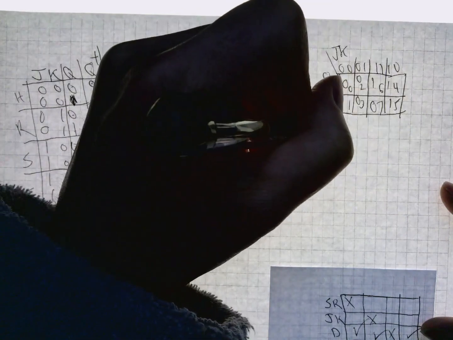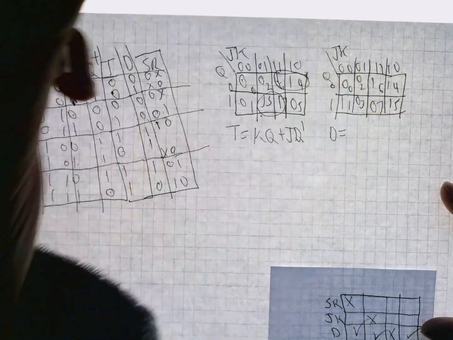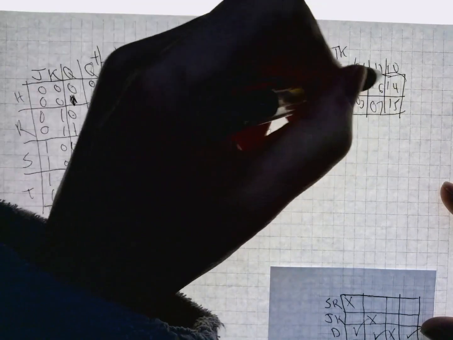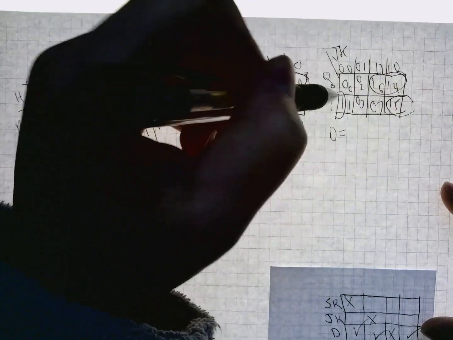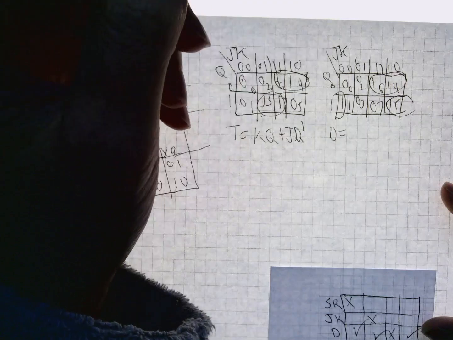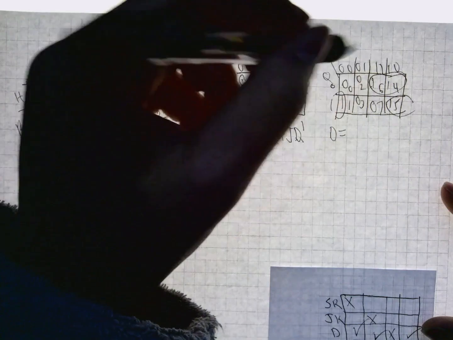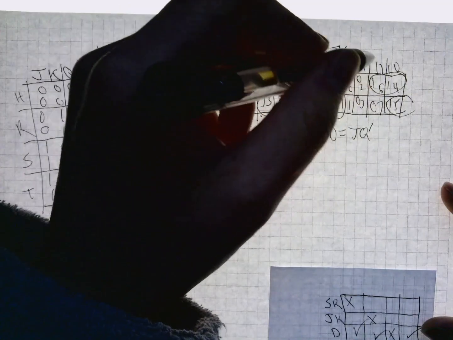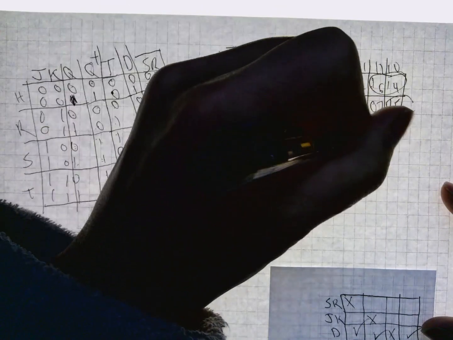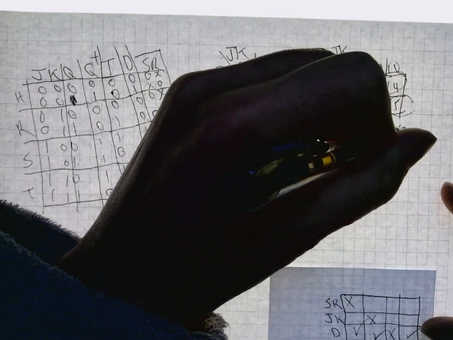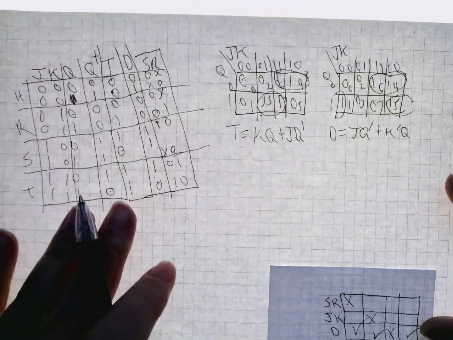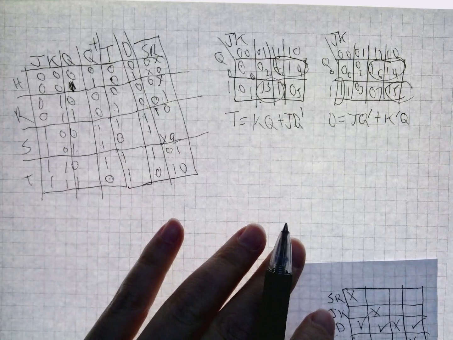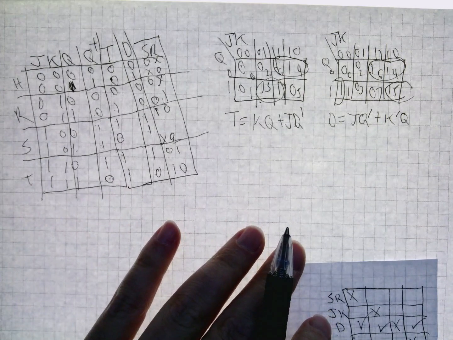And we'll do D equals. And then we can loop it. How shall we loop it? Well, let's see. We can loop like this, and we can loop like that. That's not too bad. And now if you loop like that, it's going to be JQ prime. Or it's going to be K prime Q. And so now it's J exclusive OR with K.